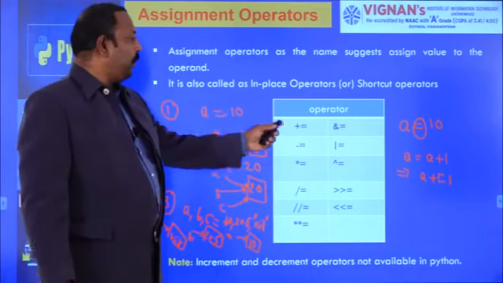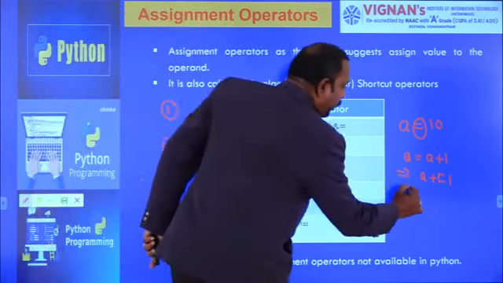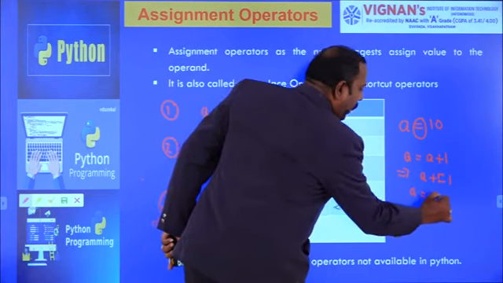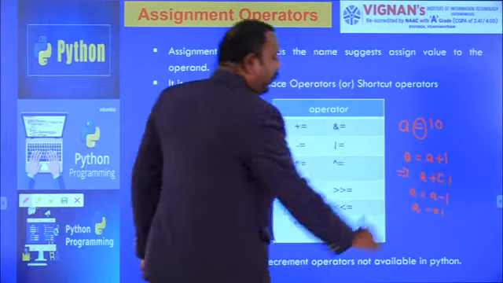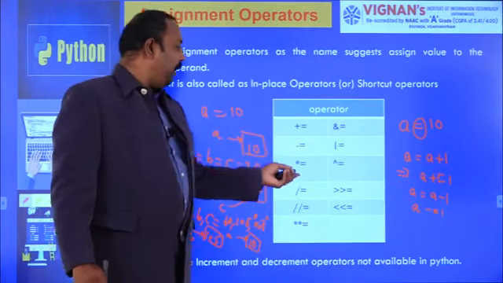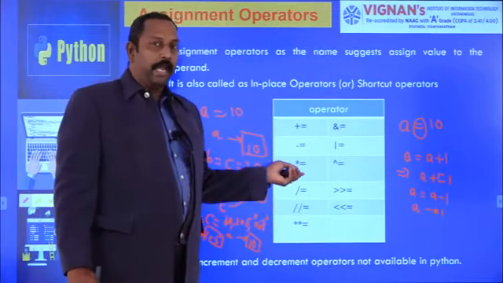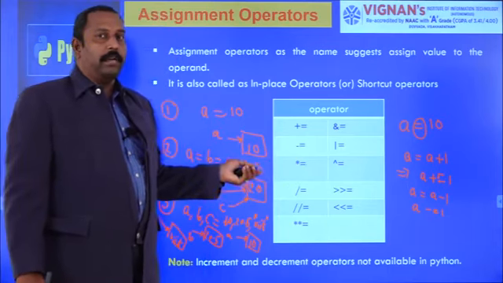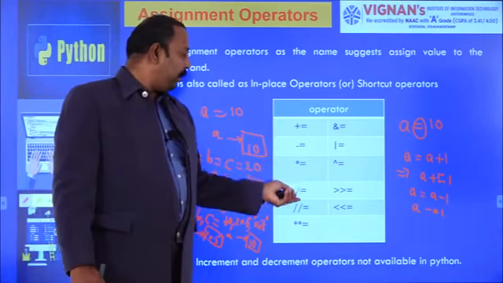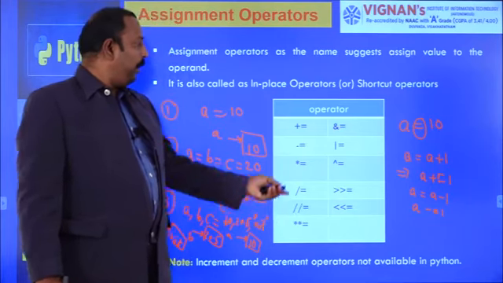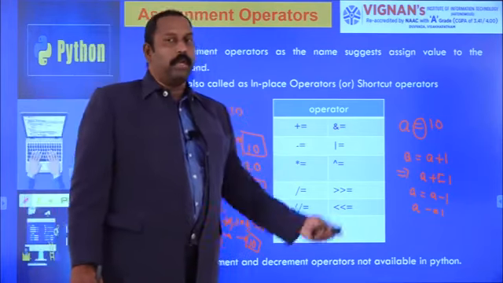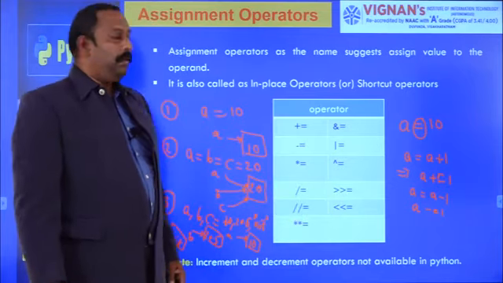Also, you can write a equal to a minus 1 as a minus equal to 1. Similarly, a equal to a star 10 can be written as a star equal to 10. Similarly division, floor division, exponent, and all these shortcut operators can be used in Python.